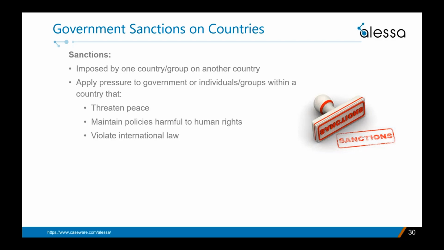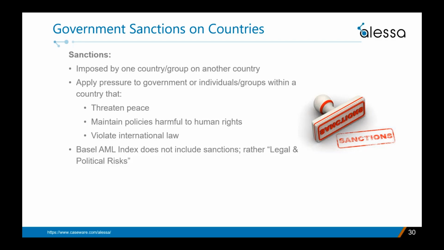And these have ranged from comprehensive economic and trade sanctions to more targeted measures like arms embargoes, travel bans, or financial or commodity restrictions. The Basel AML index doesn't specifically include sanctioned countries in its model, possibly because these tend to be country or region specific.